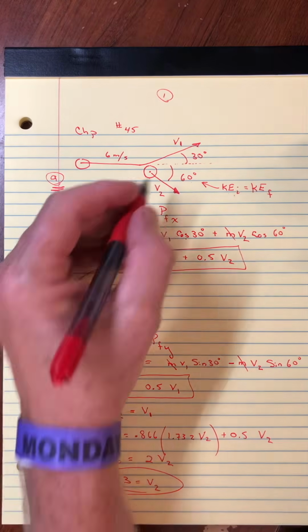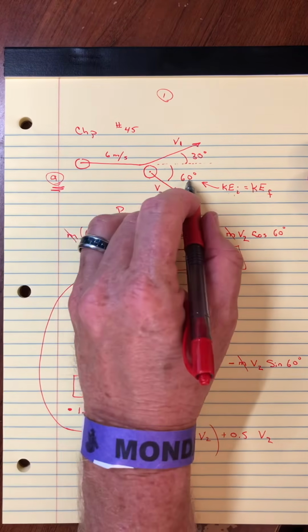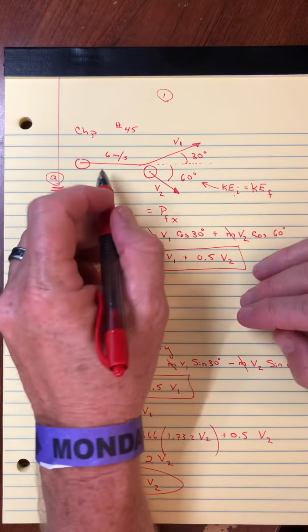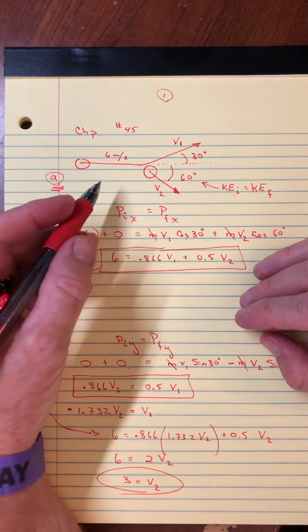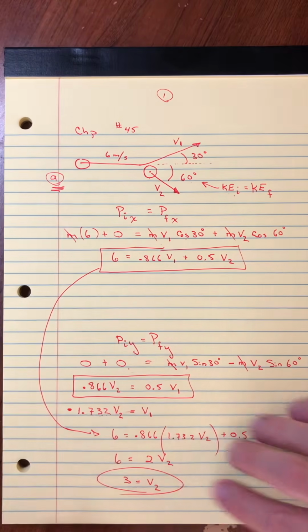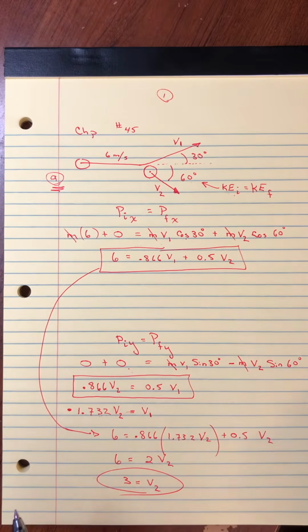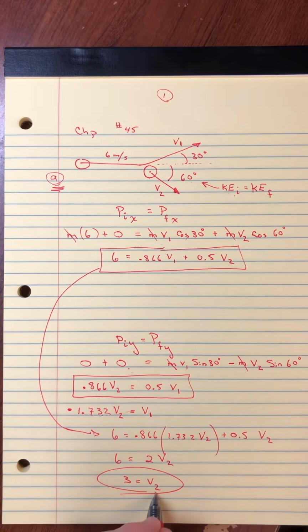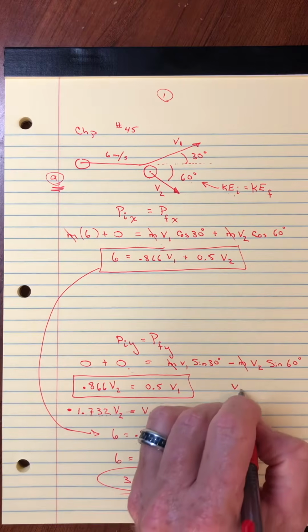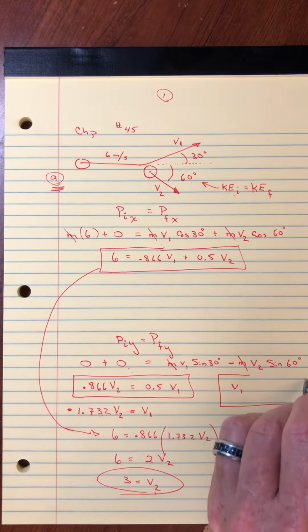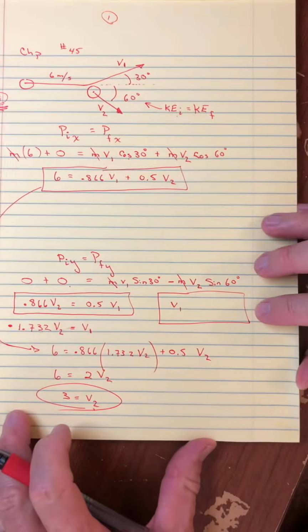So the second puck has a direction of 60 degrees from the line of the original action and has a speed of 3. Now, I can use that right here to say what is the speed of number 1.